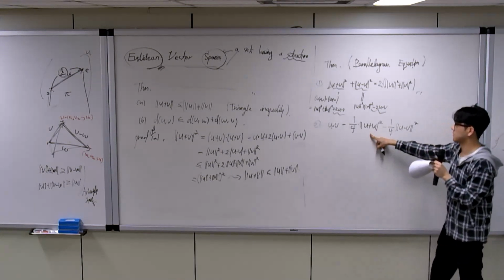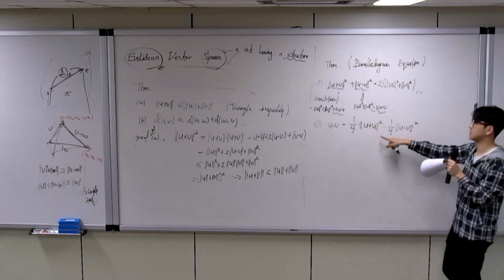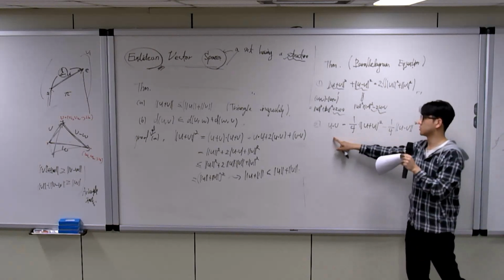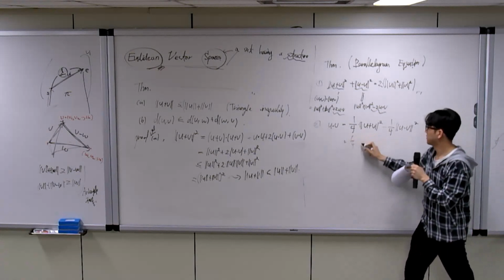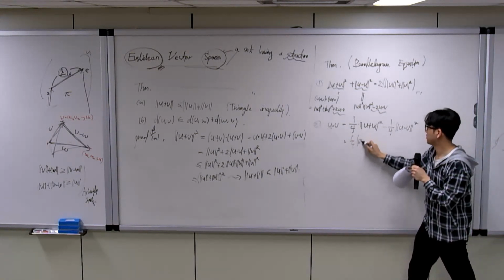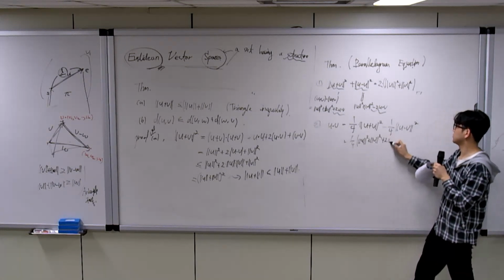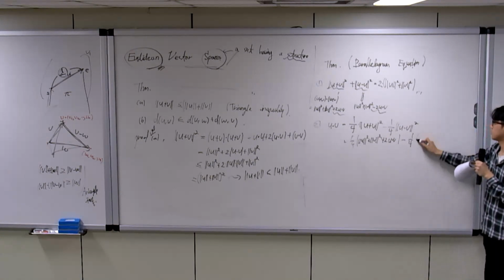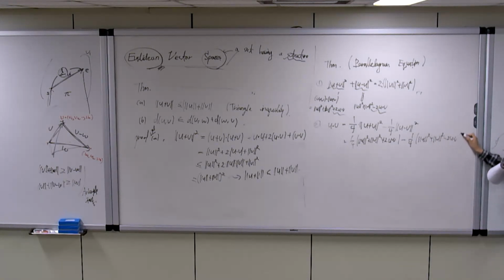because it will give 2uv and minus 2uv, and the coefficient is 4, so 1 over 4 times the norm of u plus v squared minus 1 over 4 times the norm of u minus v squared, which gives u inner product v.